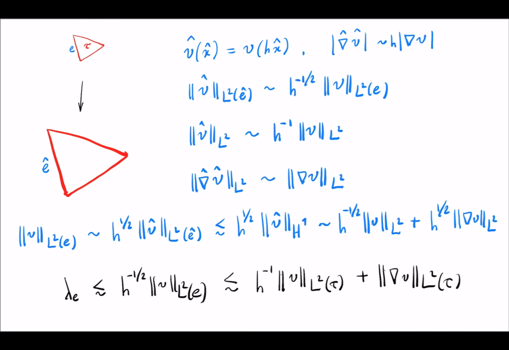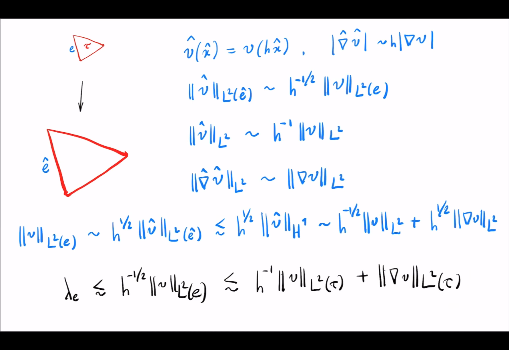So now we plug that into our bound on lambda. We have derived this bound already, and by substituting here we simply get h to the power minus 1 in front of the L2 norm of v over the triangle tau, and just a constant independent of h in front of the semi-norm.